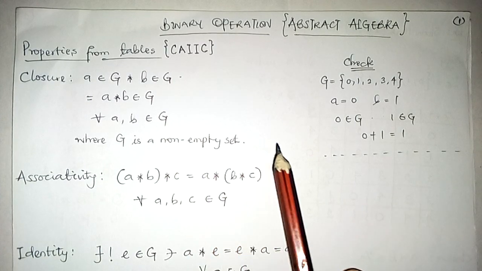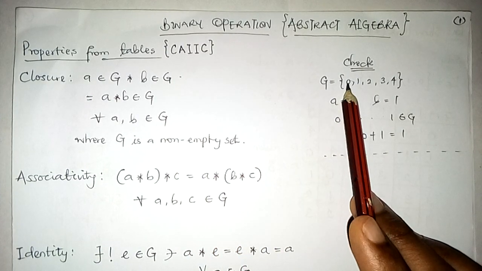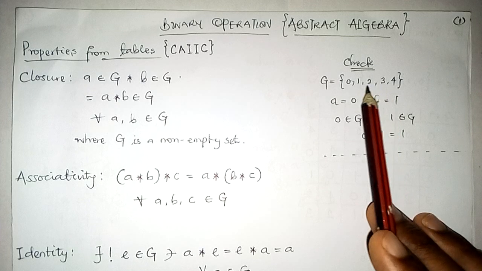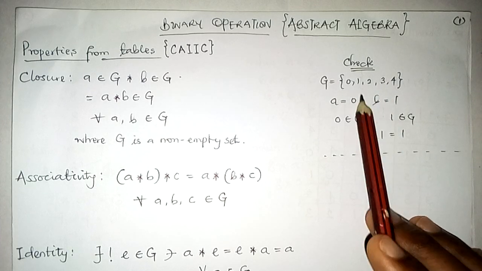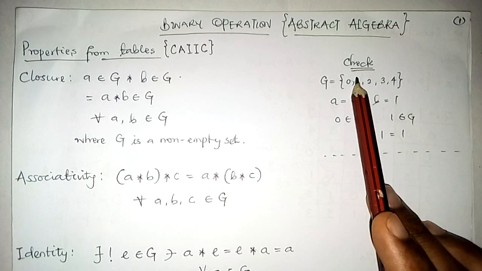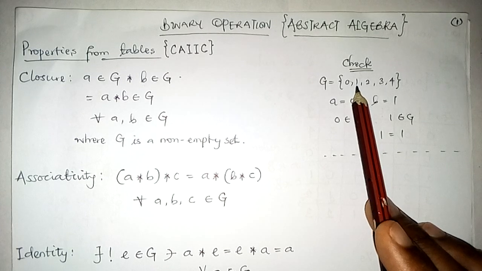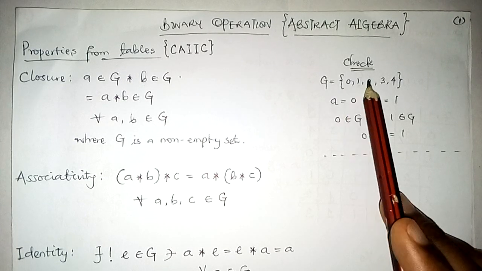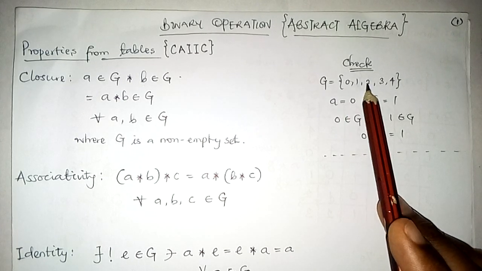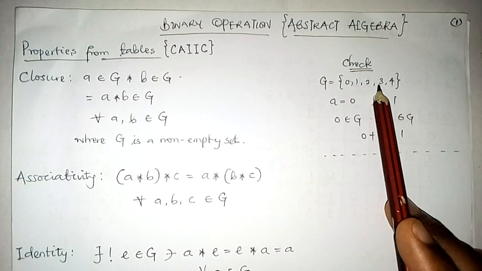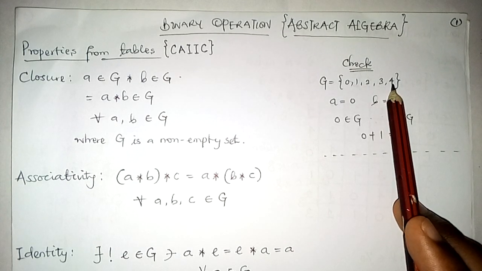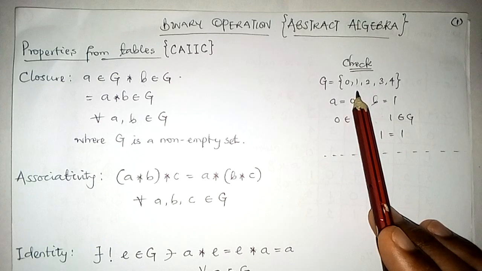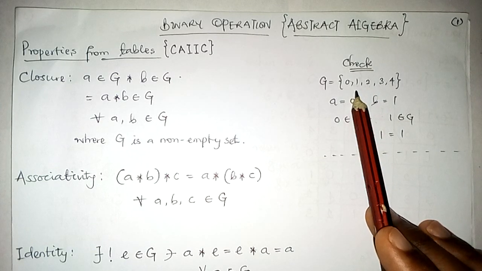That's trying to tell you that if A in G here is 0 and B is 1, 0 plus 1 equals 1, and you see 1 is still inside G. If we have 2, 0 plus 2 is 2, 1 plus 2 is 3, 1 plus 3 is 4. Now, a case like this will be on modulo 5.